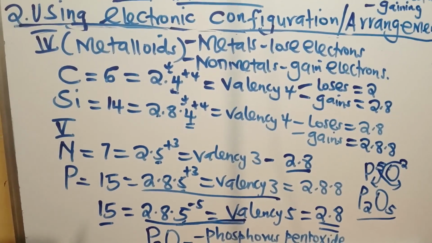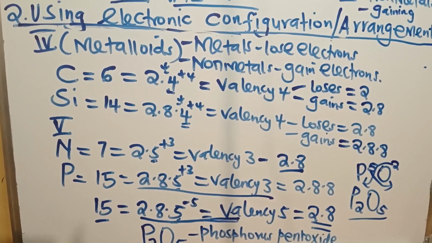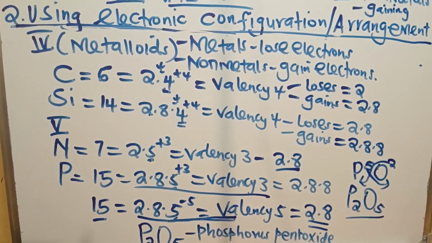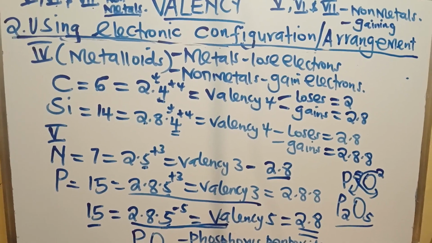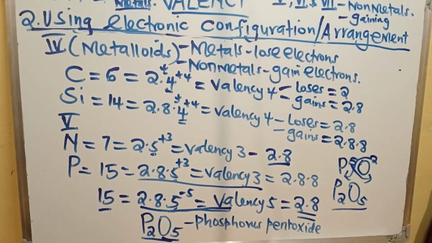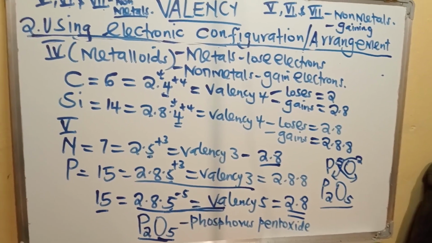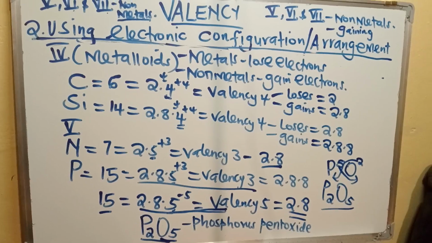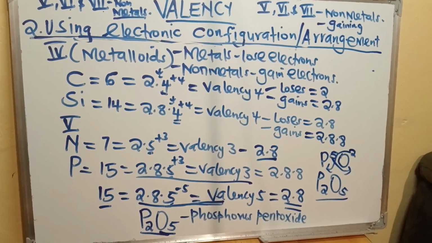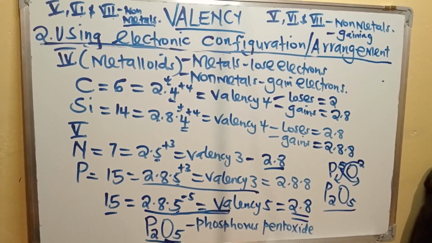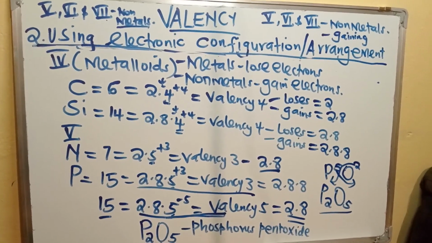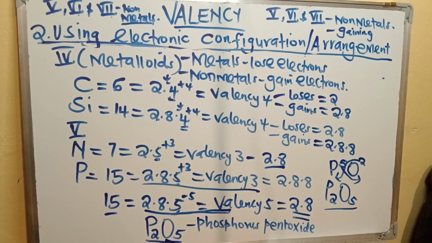Next we shall go to group 6 and group 7, which are also nonmetals, and then finalize with the group 8 that do not have any valency because they neither gain nor lose electrons. They are actually the group 0 elements, that is the group 8.